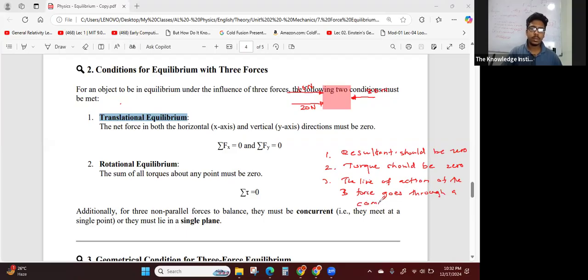So these are the conditions. If the first and second are achieved, that means it is already in equilibrium. But this third point we can use to do more calculations in a very easy analytical way.